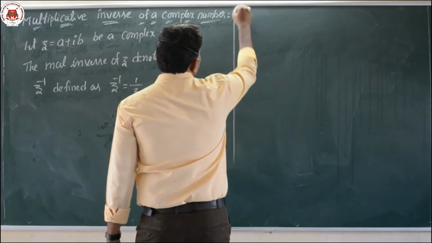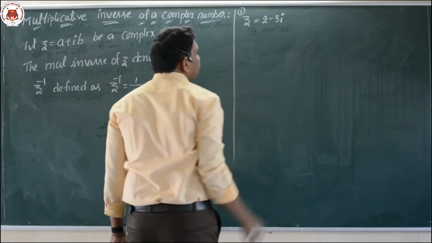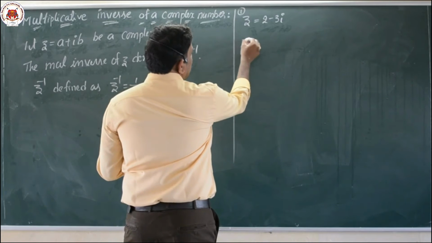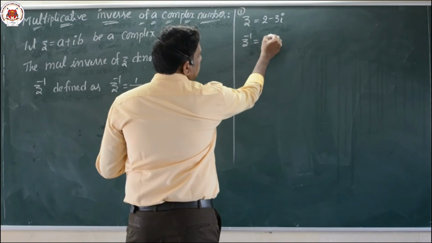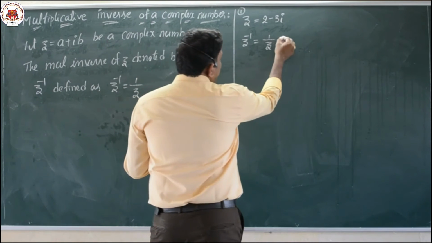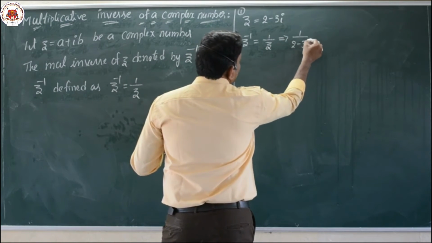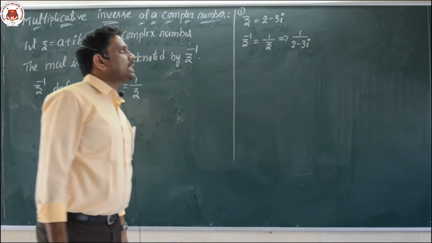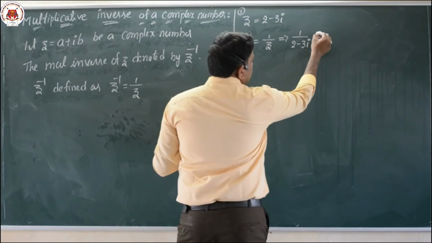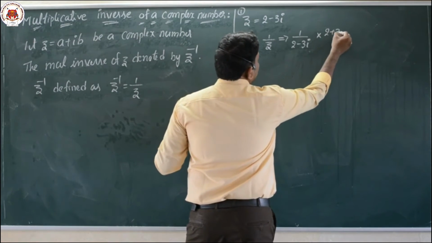First example: z equal to 2 minus 3i. First of all, what is the multiplicative inverse? z inverse equal to 1 by z, that is the formula. So we substitute the z value in the denominator: 1 by 2 minus 3i. First we have to rationalize the denominator. Here minus is there, so we multiply with plus.